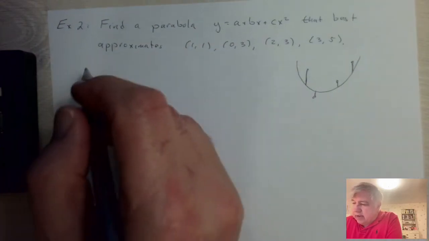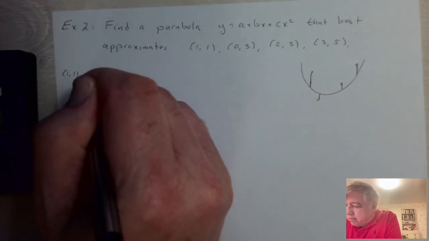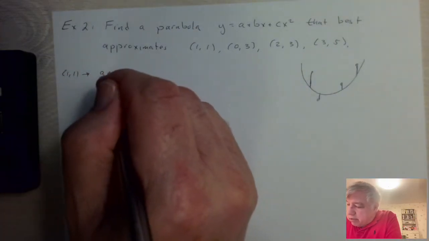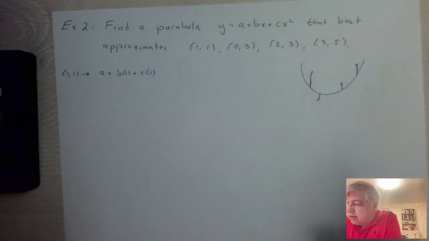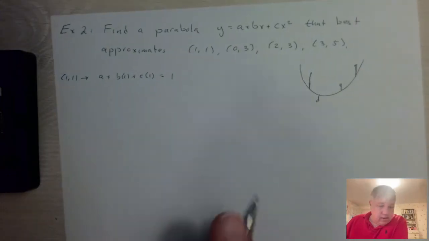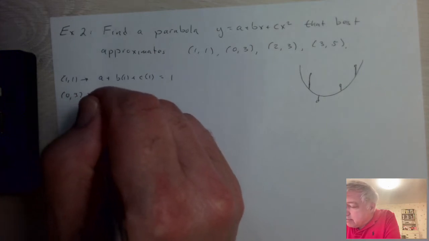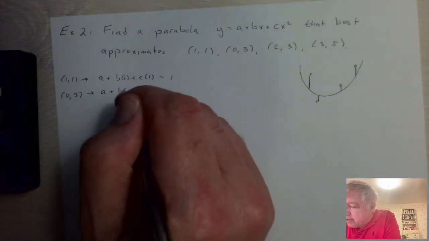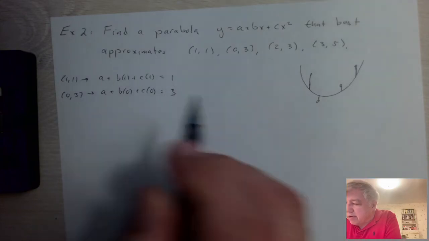If that's the case, then the first point, 1, 1, means that a plus b times 1 plus c times 1 squared is equal to 1. The point 0, 3 means that a plus b times 0 plus c times 0 squared is equal to 3.